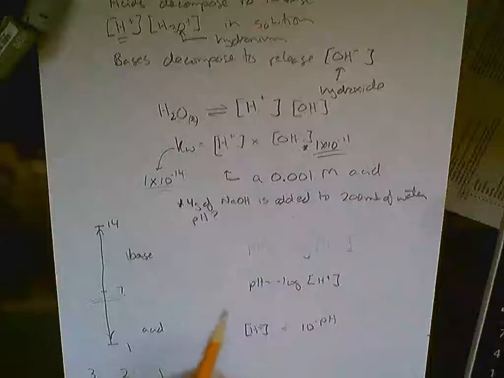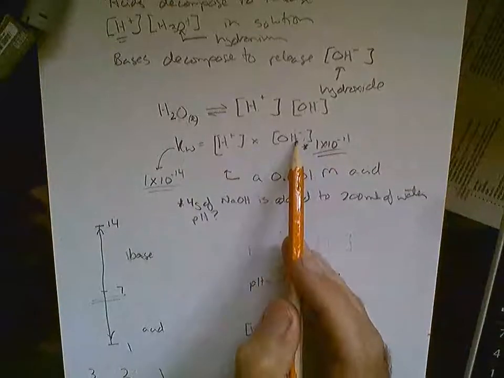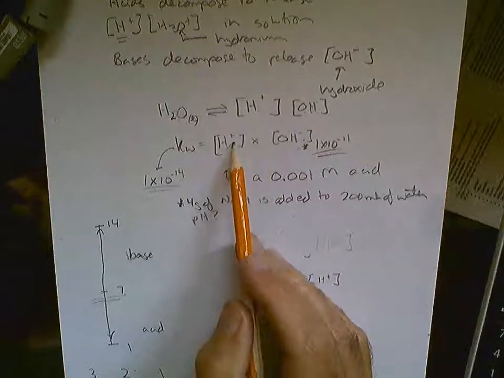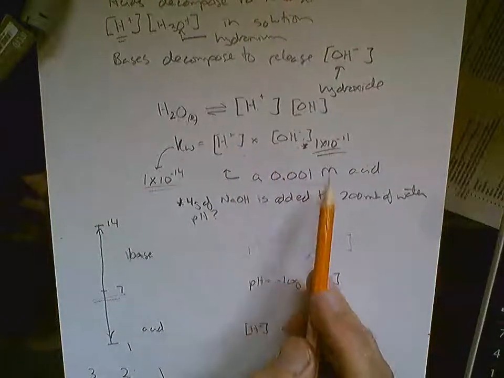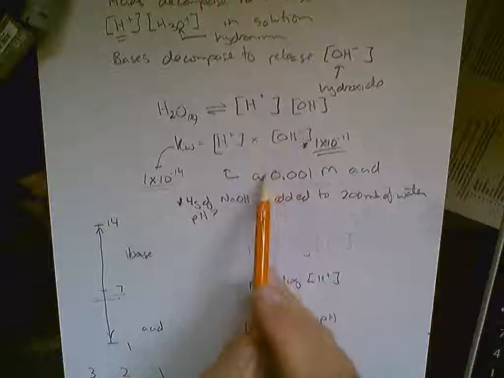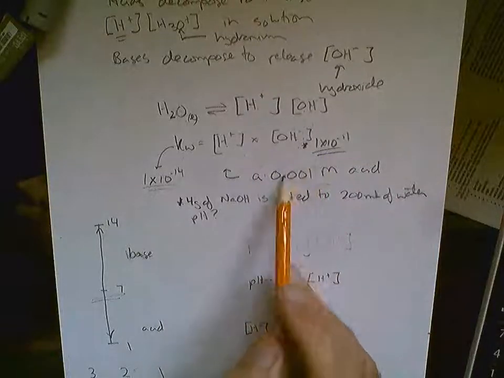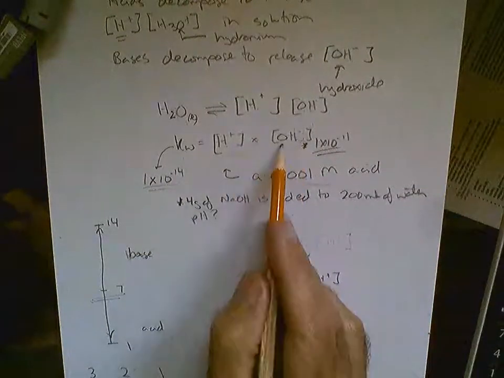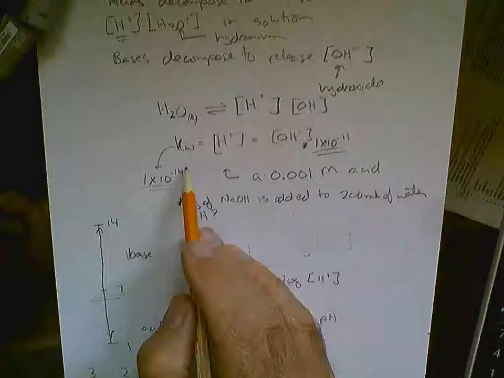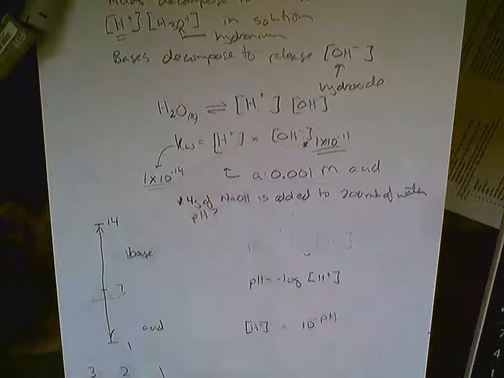Now, we said our OH is usually 1 times 10 to the negative 7, and our H is usually 1 times 10 to the negative 7. But if we add an acid in, that's going to upset this balance. These two numbers always have to multiply out to give 1 times 10 to the negative 14. So if they give you an acid or a base and ask you for the opposite, divide the 1 times 10 to the negative 14 by what they give you.